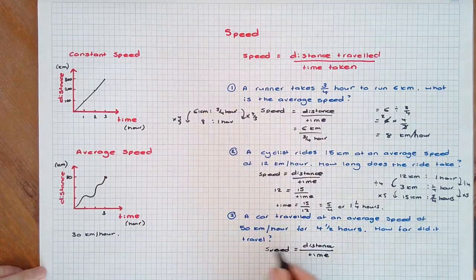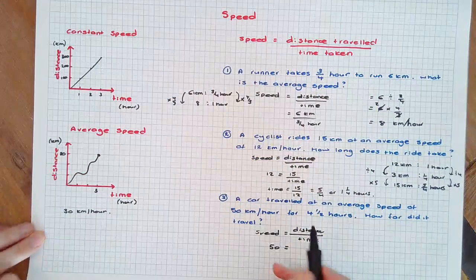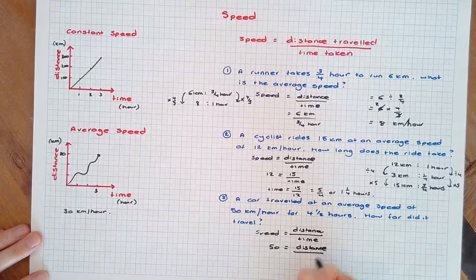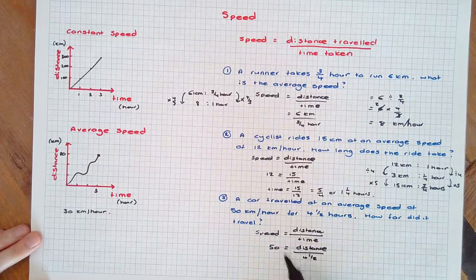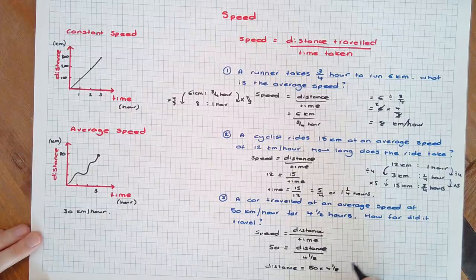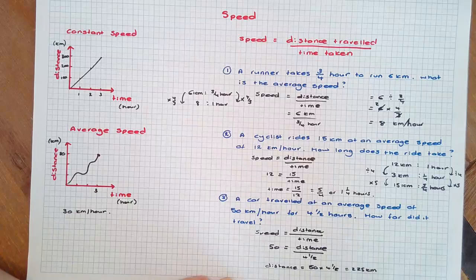Putting in the information we know, the speed was 50, and the distance is our unknown, and the time was 4.5 hours. Rearranging this formula, we can see that the distance equals 50 times the 4.5, which would equal 225 kilometres. Therefore, distance equals speed by time.